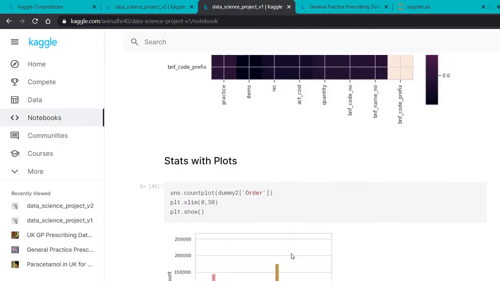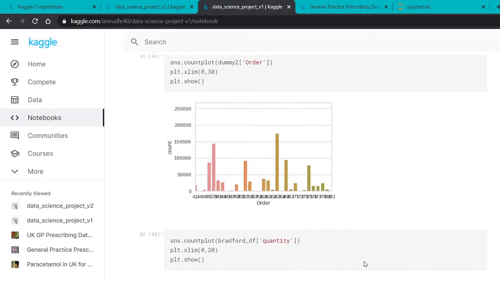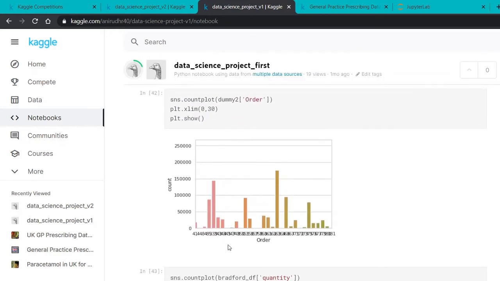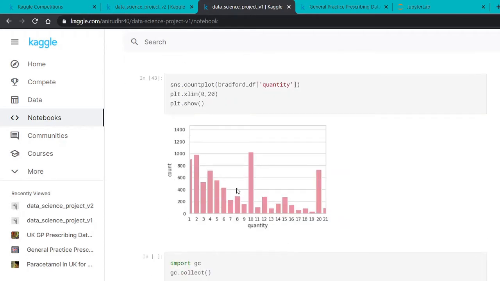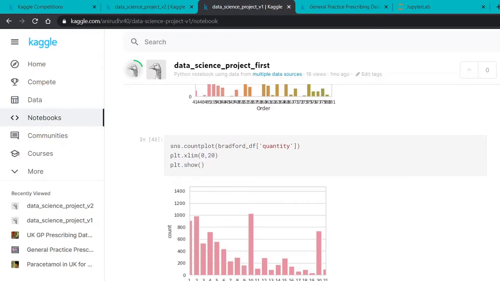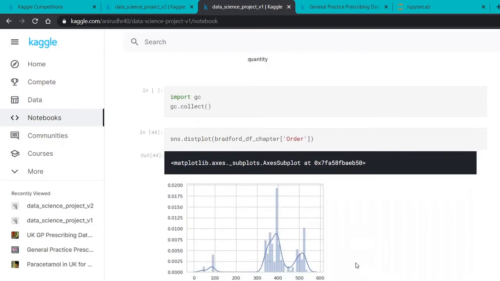We did plot some of the orders, for example, a count plot of the orders over some period of time. This is for a particular hospital, the quantity sold for each particular day. That's how it looks. And then for the orders, we have a distribution plot.